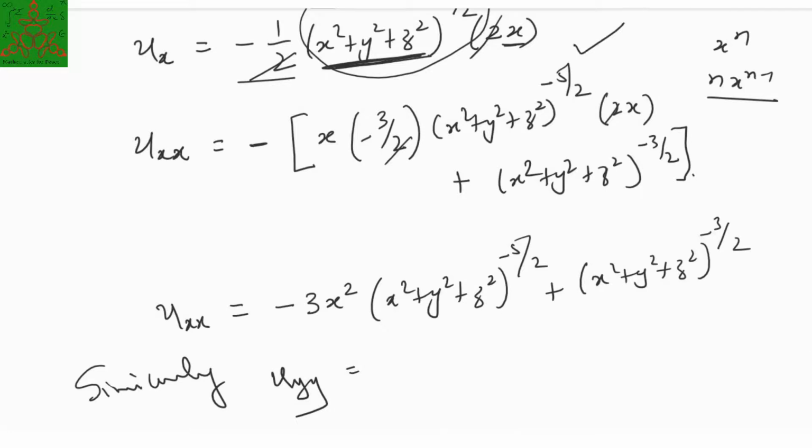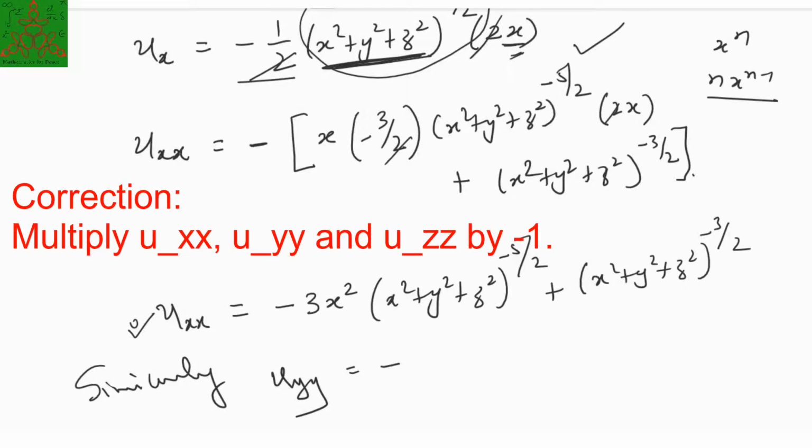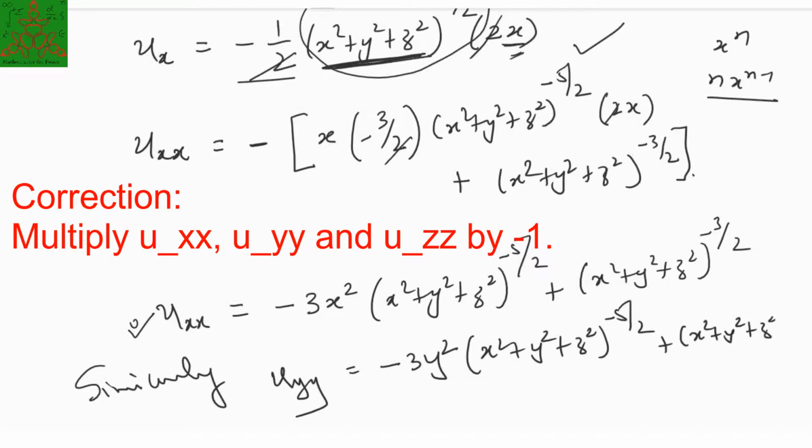If you differentiate this with respect to y, instead of x you will have y. So here it is the same formula, just replacing x by y. So we'll have minus 3y square (x square plus y square plus z square) raised to minus 5 by 2 plus (x square plus y square plus z square) raised to minus 3 by 2. Whenever x is there, we just replace it by y. That is what we have done.